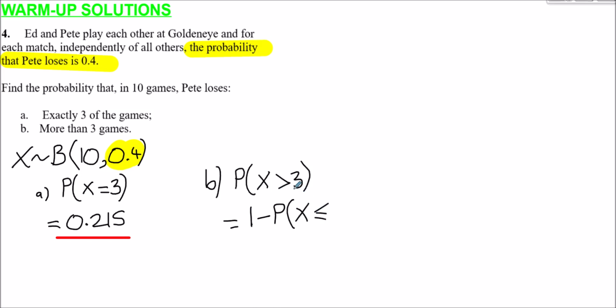I keep saying win, I mean lose. So the probability of him losing more than 3 is 1 minus the probability that he loses 3 or less. Because the distribution is now based on an inequality, we need to use binomial CD, which I'll show you how to do now.